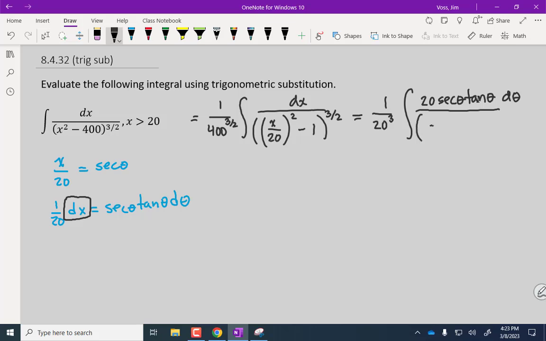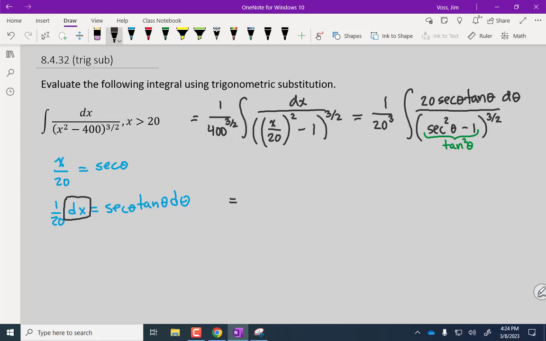So let's write that one more step before we simplify. And what is secant squared minus 1? Tangent squared. So this part in here, tan squared. Which is the whole point of trig substitution. Take two terms and turn them into one. Take two and make one.